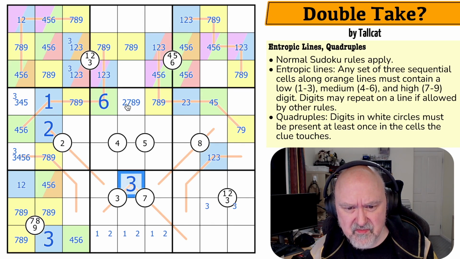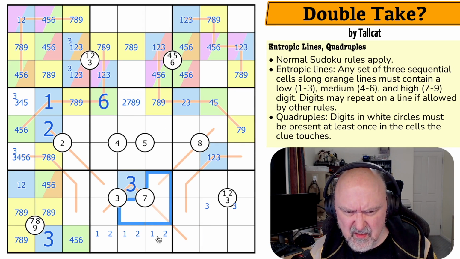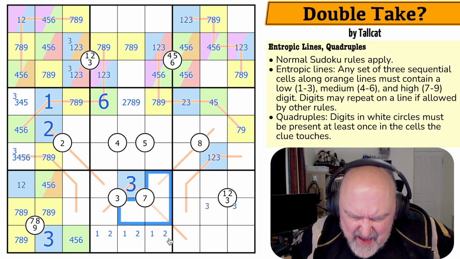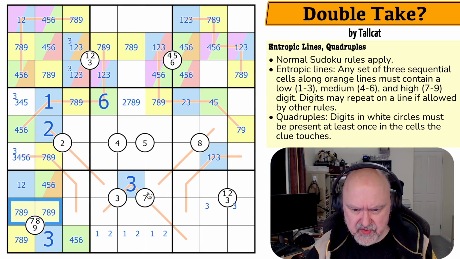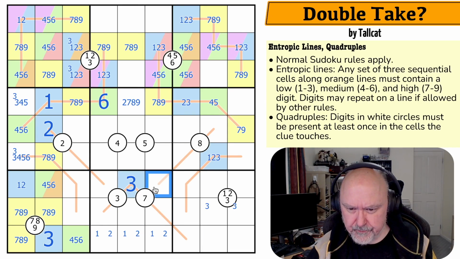Can't be 3 because of the 3 looking up. Can I do something similar with high? I don't see how I can. If 7 is in one of those two, that becomes a 7, and that becomes an 8.